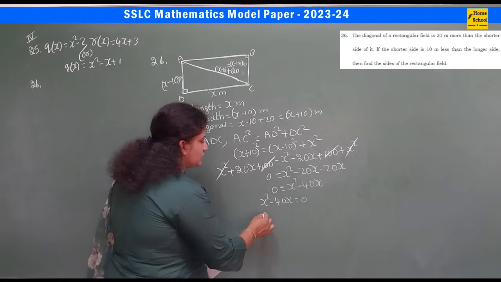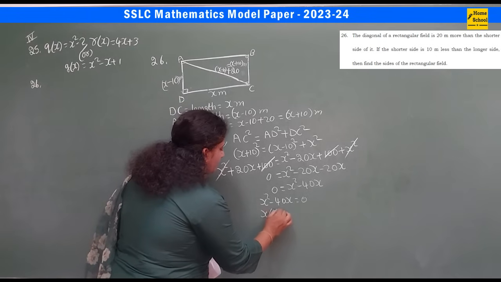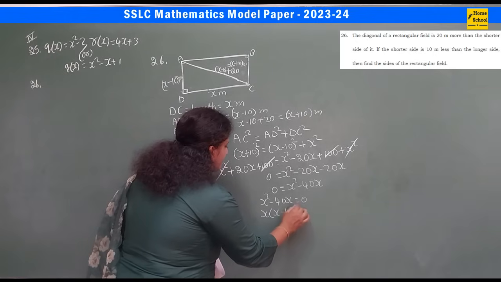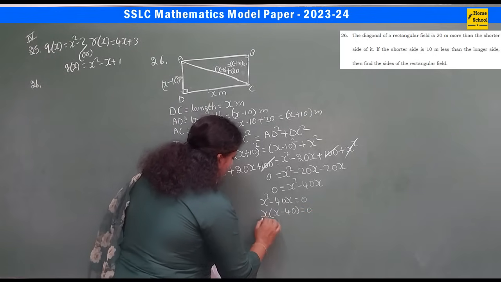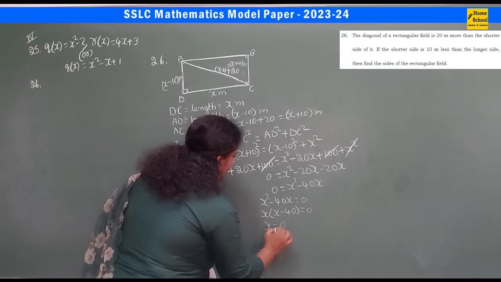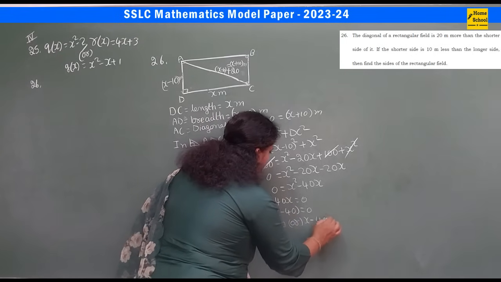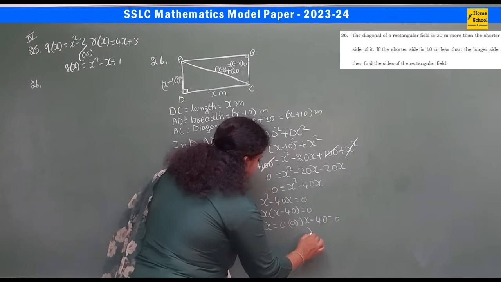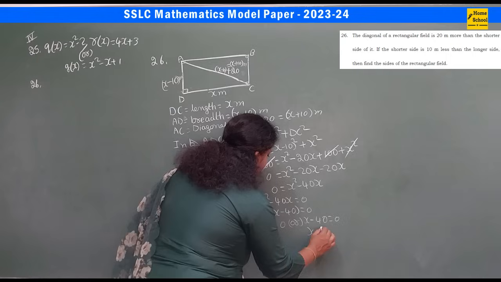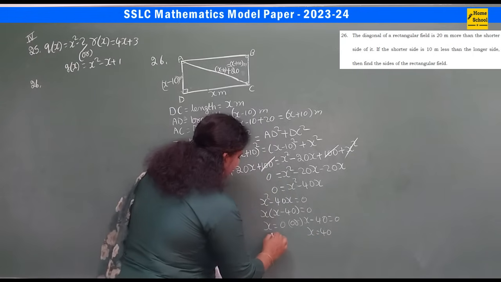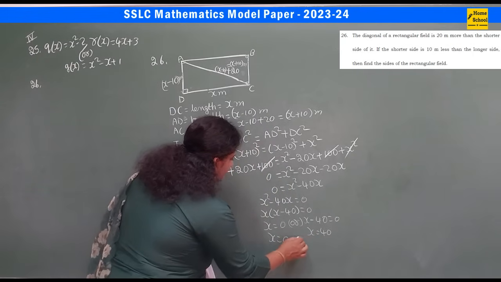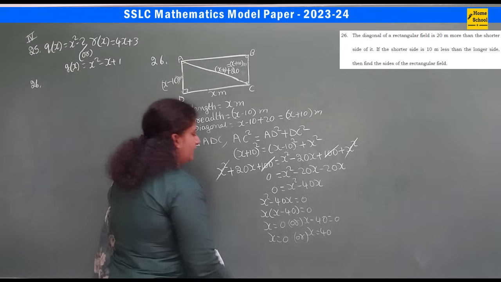Now from these two take out x common. X into x minus 40 equal to 0. X is equal to 0 or x minus 40 equal to 0. That is minus 40; if you send the other side it will be plus 40. X is equal to 0 or x is equal to 40.